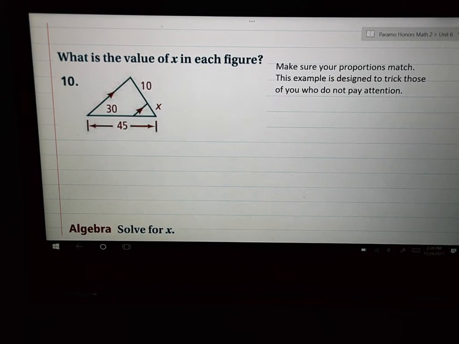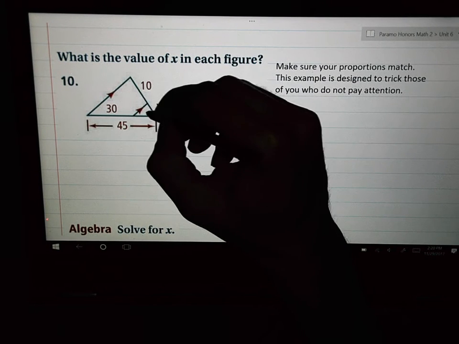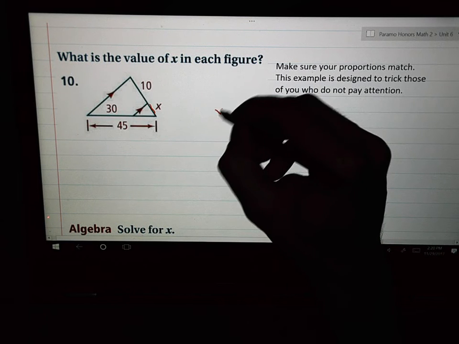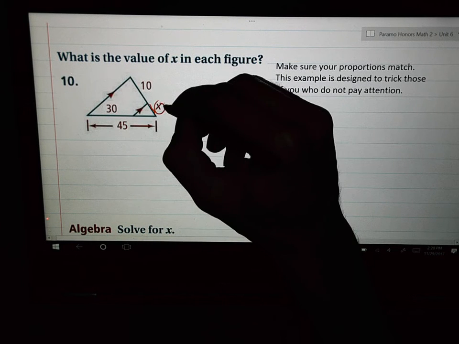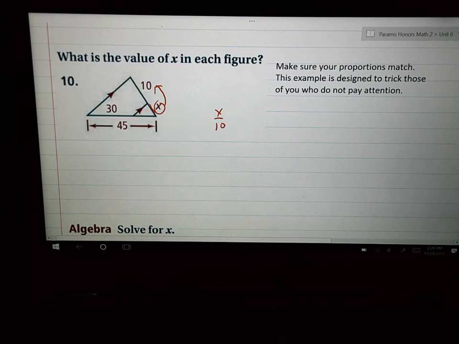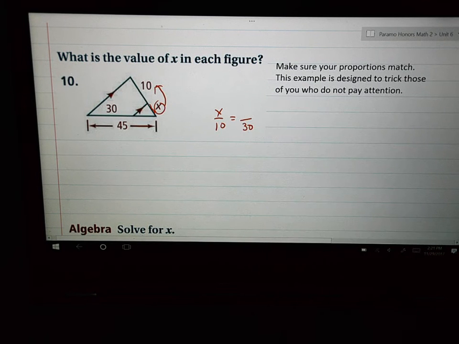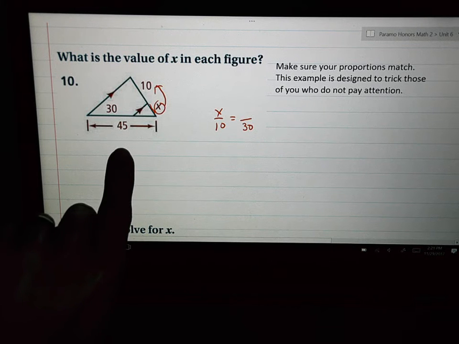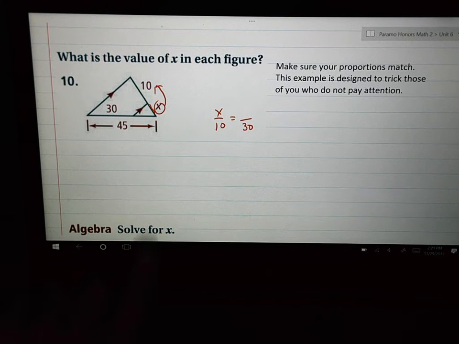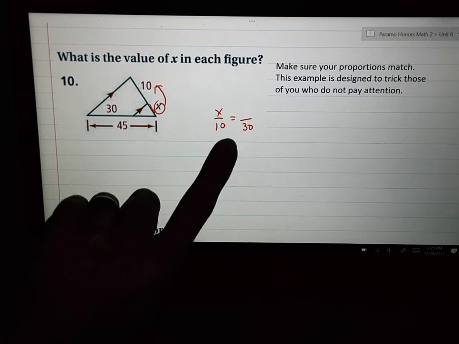So let's set it. Let's go this side, x over 10. And what needs to be proportional to that? It's something over 30, but it's not 45. They put the 45 there to trick some of you. You're not going to put the 45 in your proportion.